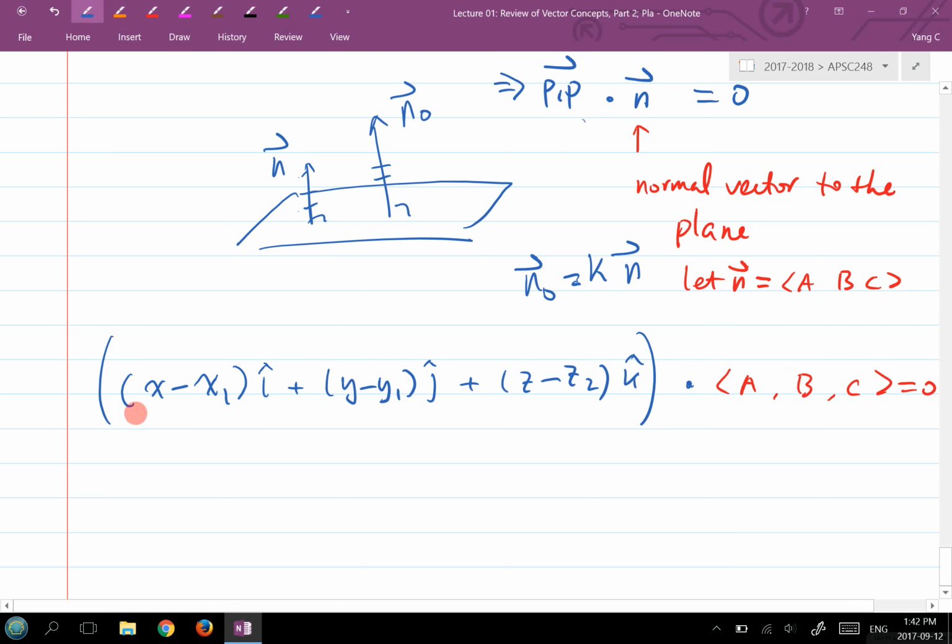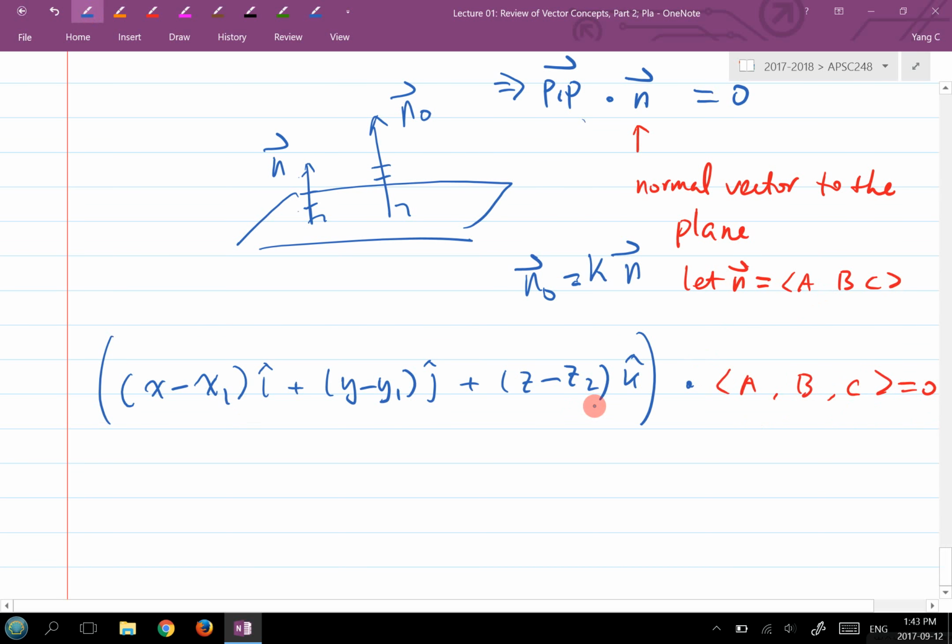So this guy dot this guy equals 0. What's known, what's unknown? a, b, c is a known quantity, a vector perpendicular to the plane. x1, y1, z1 is a point that was already given, that's on the plane. And x, y, z is a generic point on the plane.